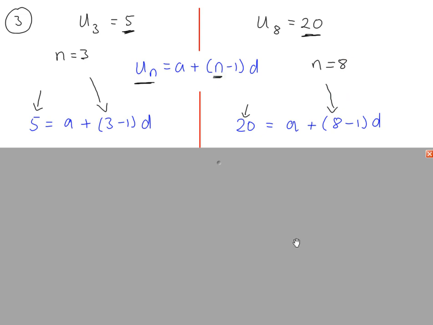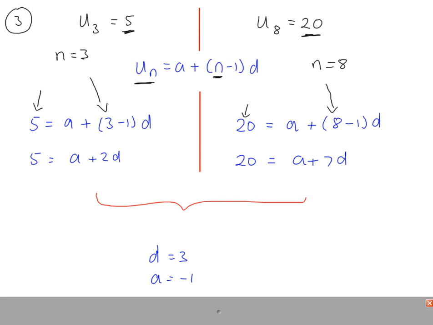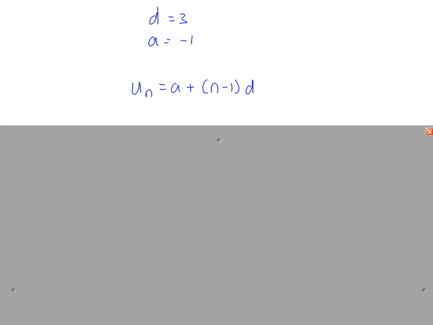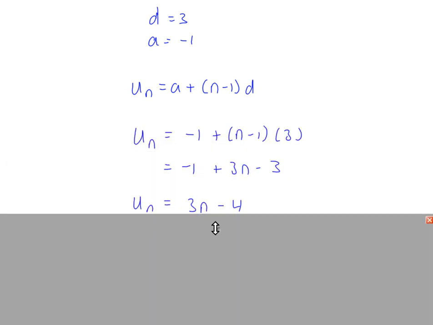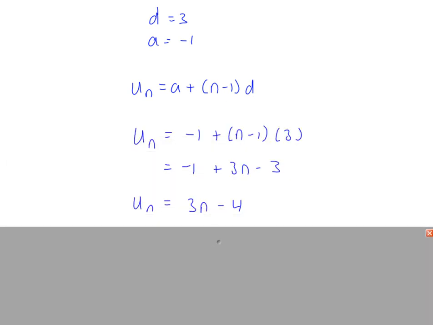We don't know d, so we have two equations, two unknowns. It's typical simultaneous equations. We solve to get d equals 3, a equals -1. To work out the nth term formula, we substitute our values into the general formula and simplify.